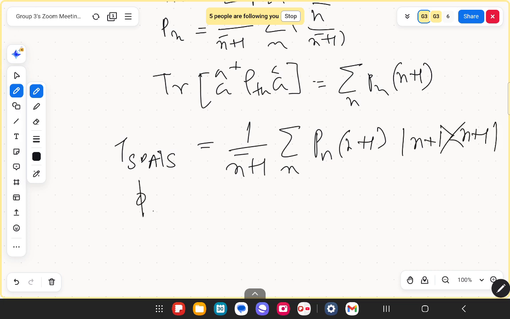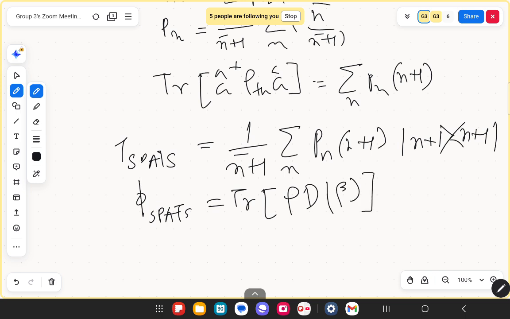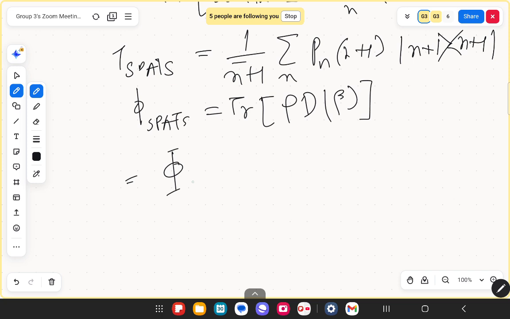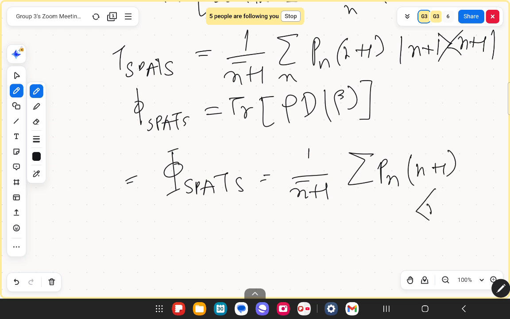Now phi of spats, which was given as the trace of rho times the displacement operator D. After using this expression of rho spats, we will get phi spats as 1 by n plus 1 times the summation of pn times n plus 1, <n+1|D(beta)|n+1>.